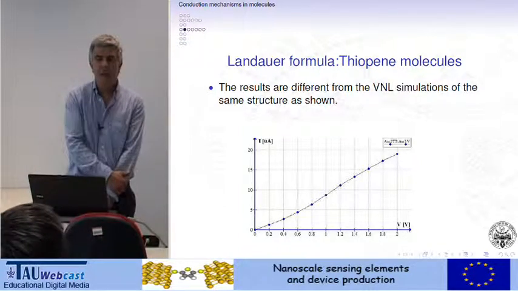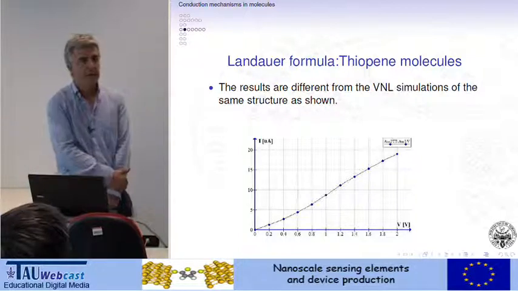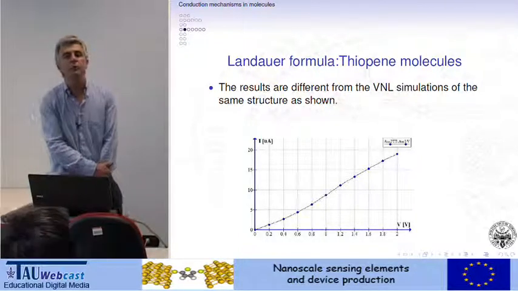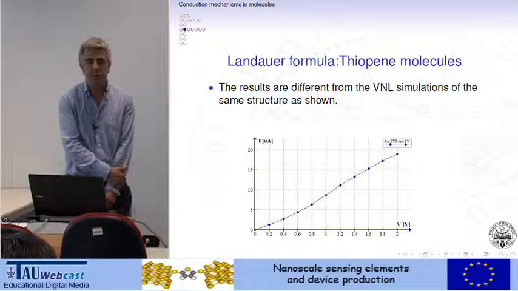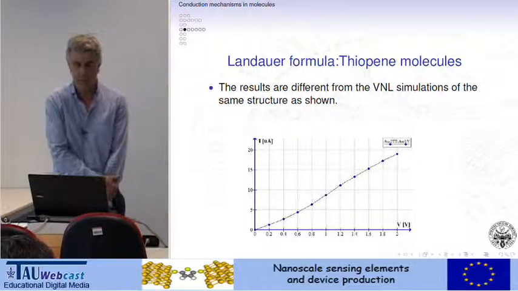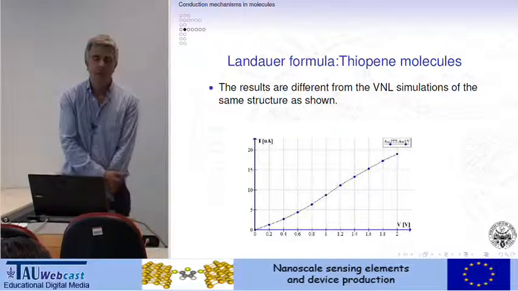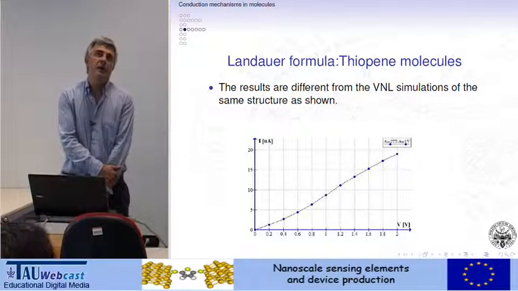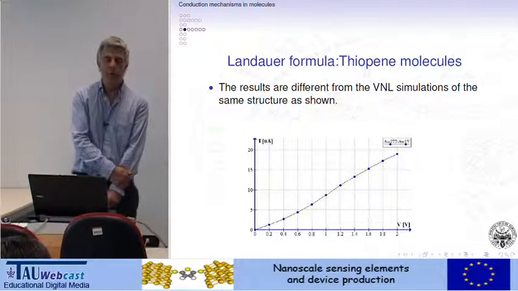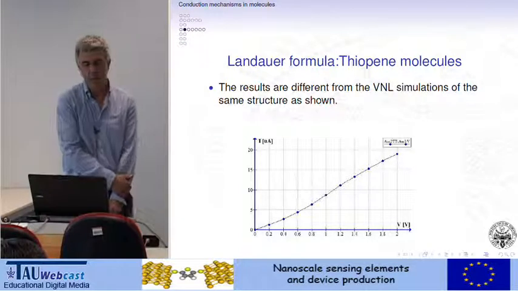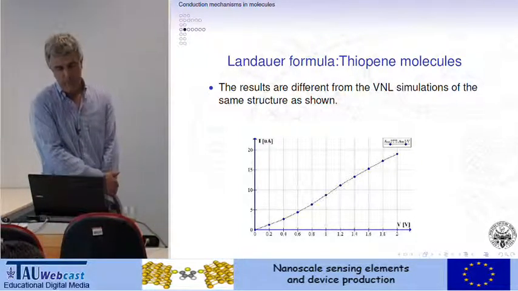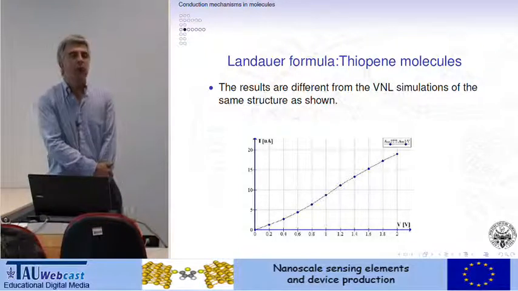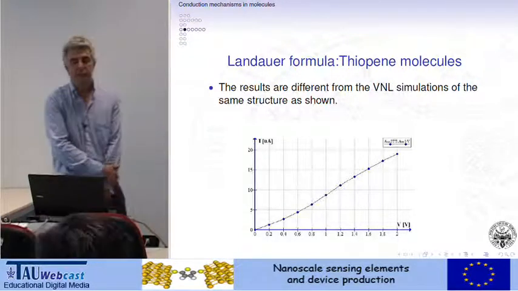So probably your impression is that the Landauer formula cannot be applied to derive a good model, even if we are satisfied by an approximated expression, because it's completely out of our aim.